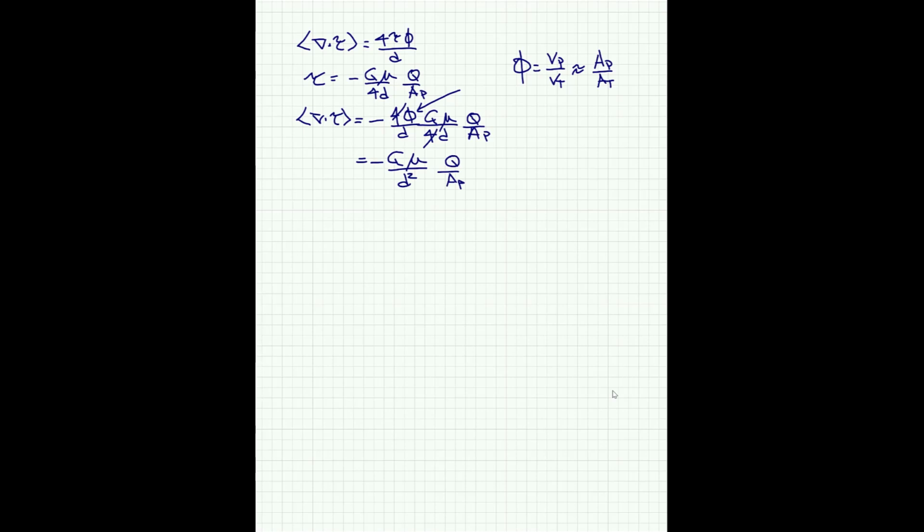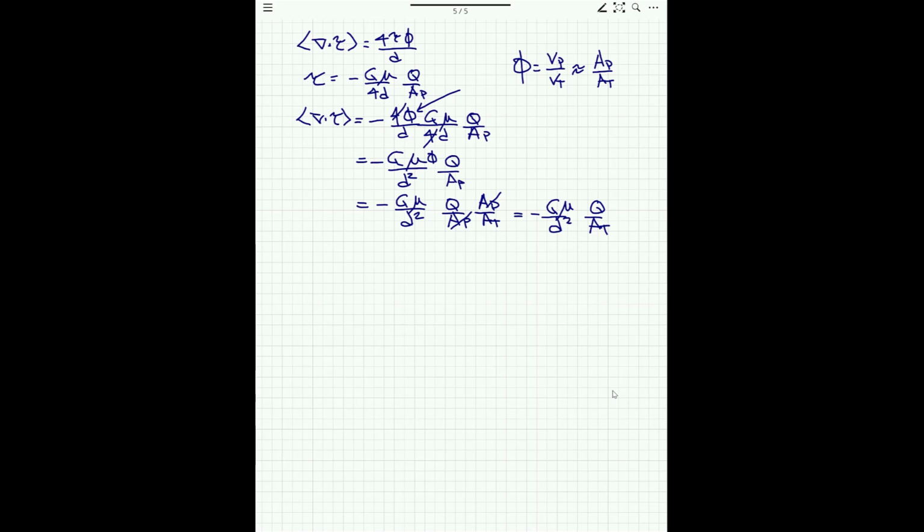So if that's the case, then we can rewrite this like this. And up here, we had the porosity, but I'm going to write the porosity out now as area pores over area total. So then these cancel, and this equals minus... okay. So keep in mind the geometry here.